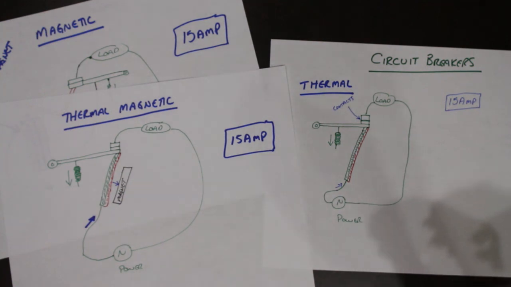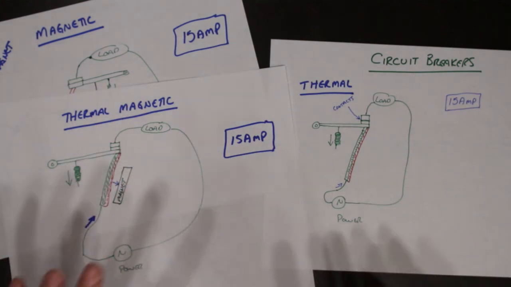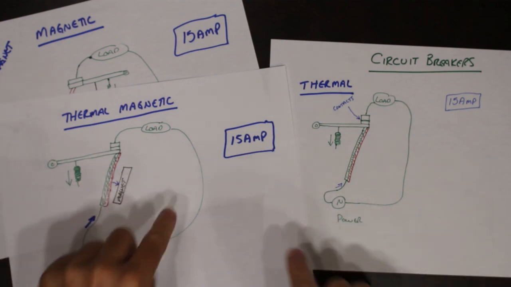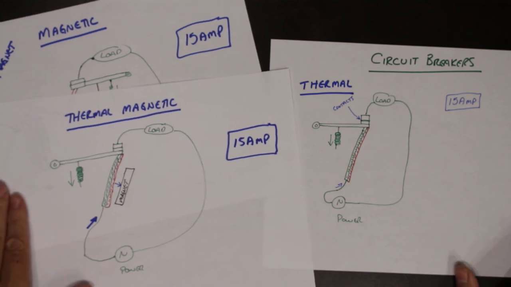So the wires, the actual equipment, all that kind of stuff, from overcurrent. If you are waiting for one of these things to pop and save your life, 15 amps of current is an awful lot of current to go through your body for a couple of minutes while you're waiting for these things to pop. You will not survive. These are not designed to save you. They are designed to save the equipment from overcurrent.